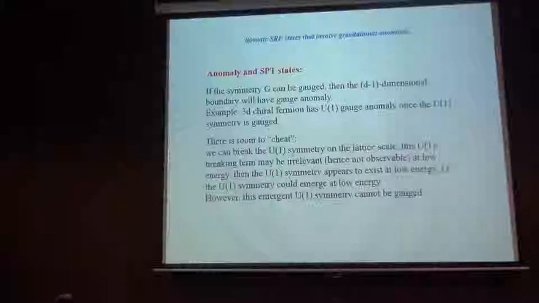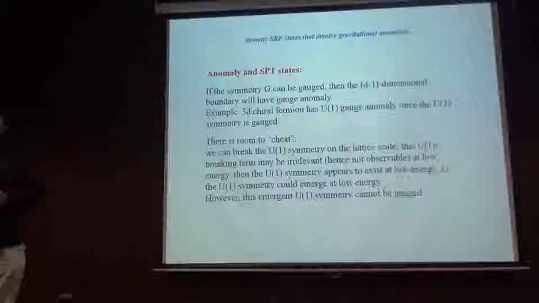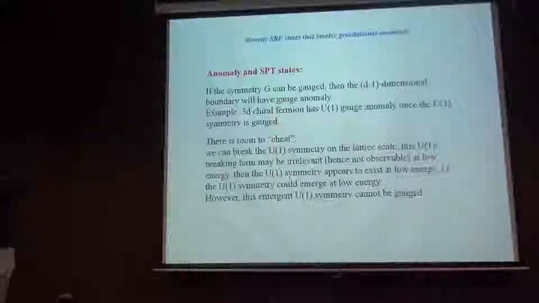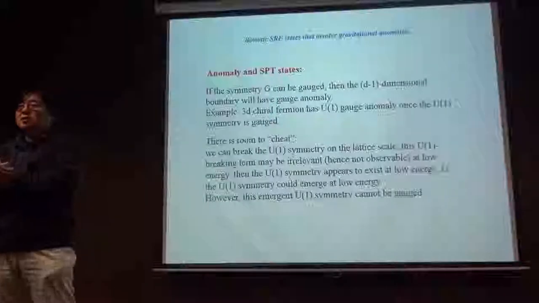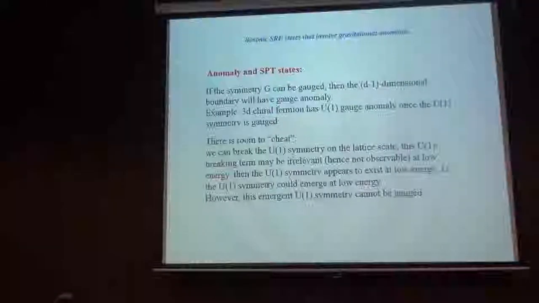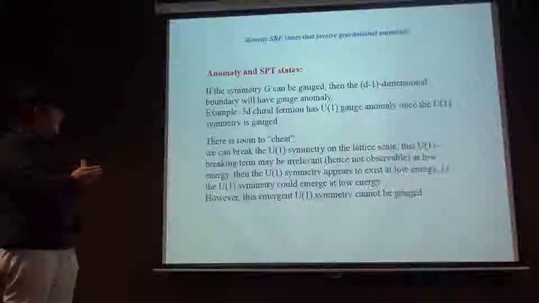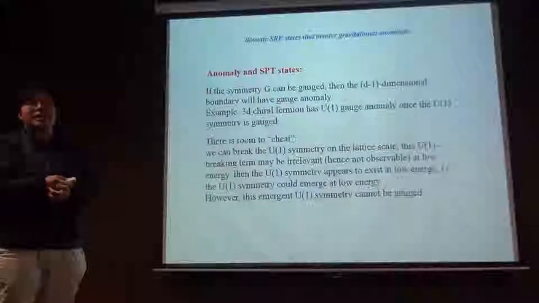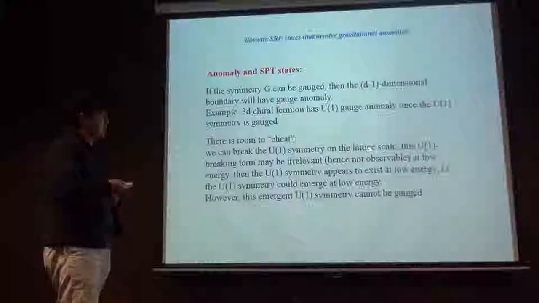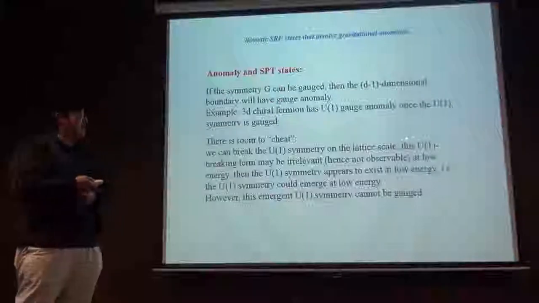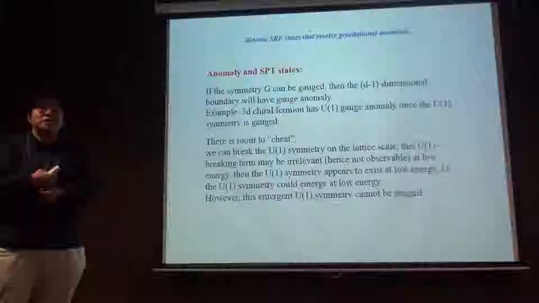Okay. So this gives us room to cheat. Suppose I want to get a 3 plus 1 dimensional chiral fermion in a 3 plus 1 dimensional system, which looks like a chiral fermion, on a 3-dimensional lattice. So what I can do is just break the U1 symmetry on the lattice scale, violate their assumption. Okay, break the U1 symmetry on the lattice scale, and I guarantee that the U1 symmetry breaking term is irrelevant.